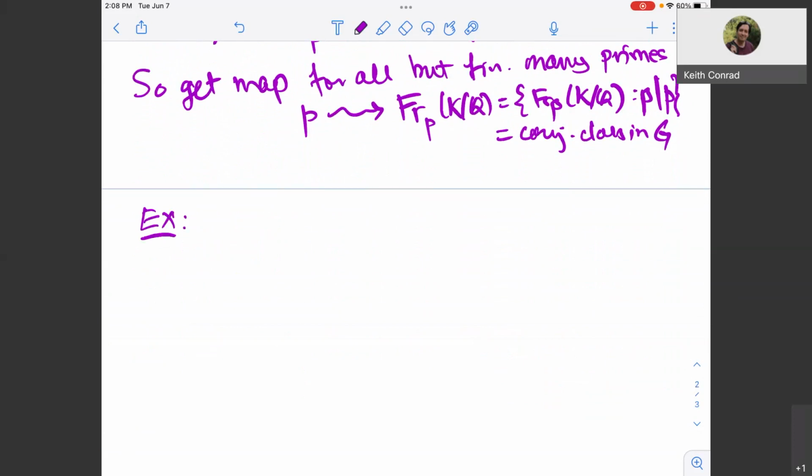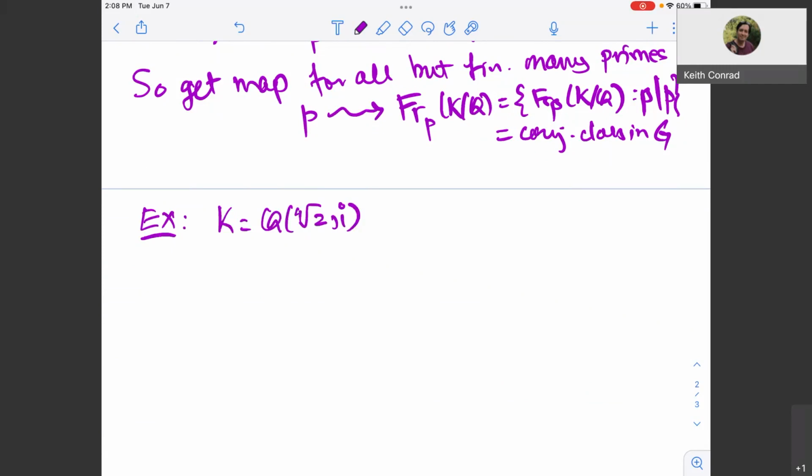No? All right. So let's do an example where the Galois group is non-abelian, so we get some interesting conjugacy classes, because if I had an abelian Galois group, then conjugacy classes are the same as elements. So you really are going from prime numbers to elements in the Galois group. But if it's non-abelian, you might have to settle for conjugacy classes.